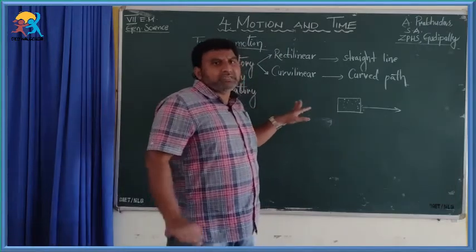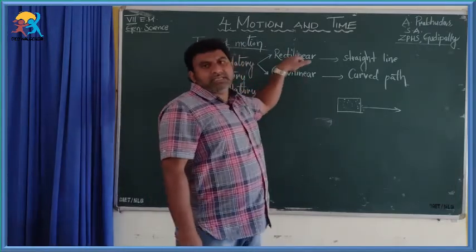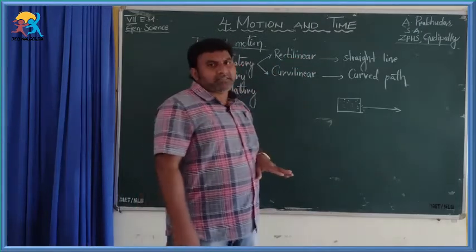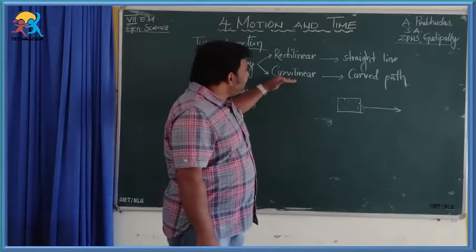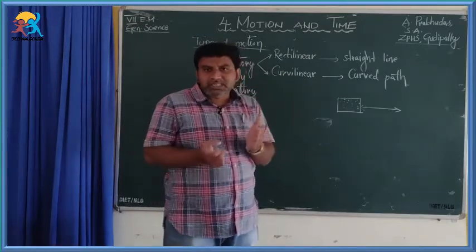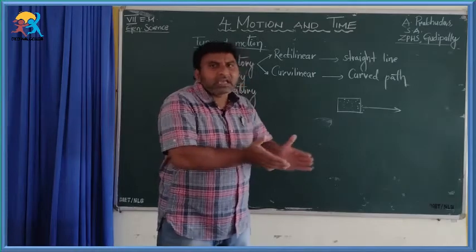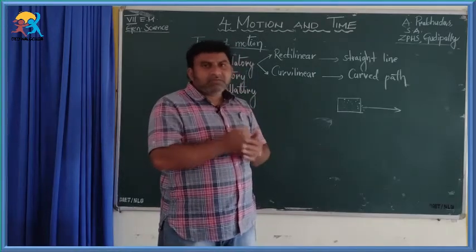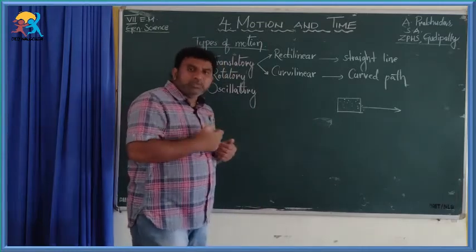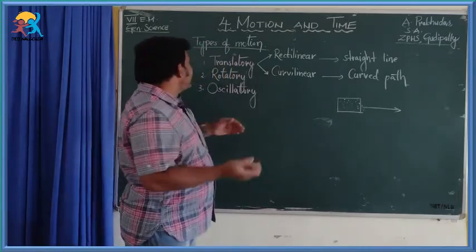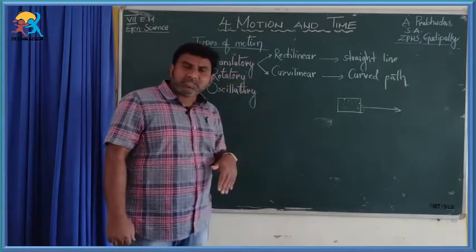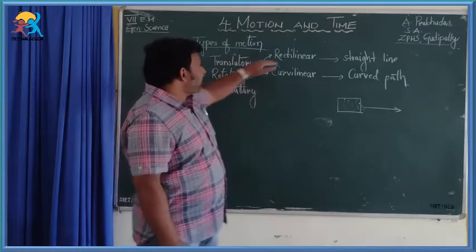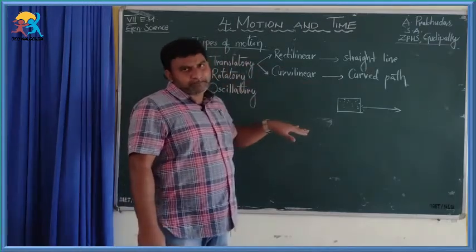It is very simple to understand. In rectilinear motion, the moving object moves in a straight path. In curvilinear motion, the moving object moves in a curved path, not straight path. Now, I hope you might have understood what translatory motion is and what the different types of translatory motion are.